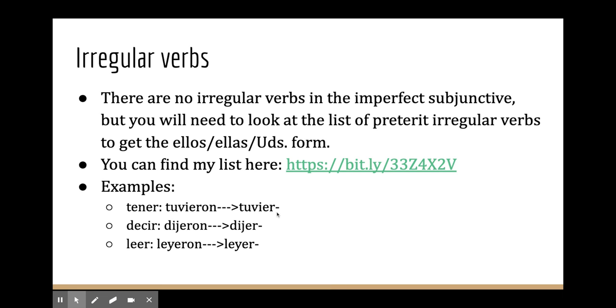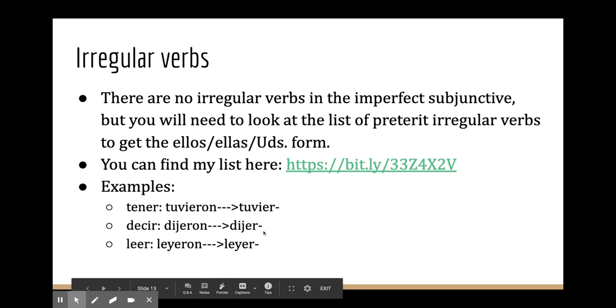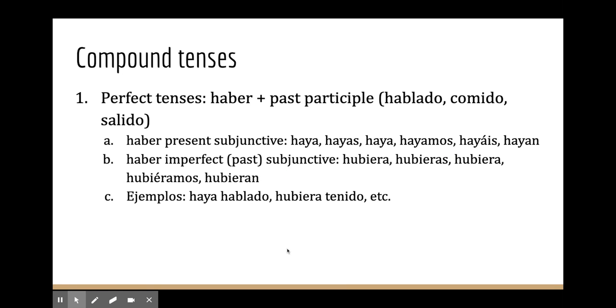So tuviera, tuvieras, tuviera, tuviéramos, tuvierais, tuvieran. Decir, the ellos, ellas, ustedes form in the preterite is dijeron, drop the on, here's your stem, add your endings. Leer, the ellos, ellas, ustedes form, leyeron, drop the on, then you have your stem here, leyer, leyera, leyeras, leyera, etc. Okay? Fácil.